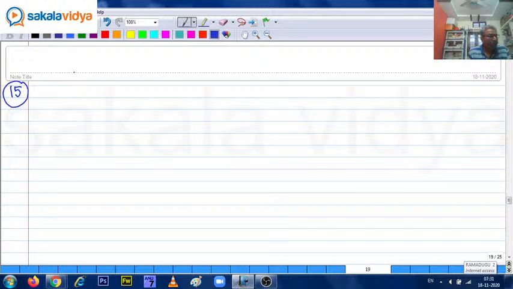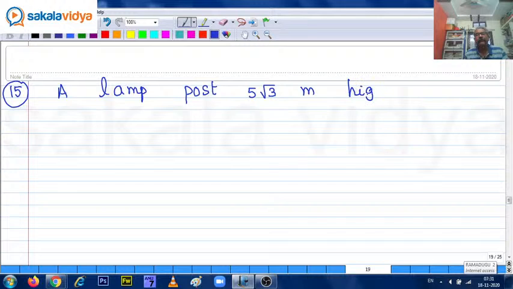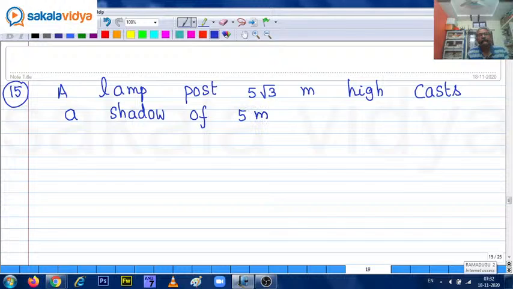Fifteenth question. A lamp post 5 root 3 meters high casts a shadow of 5 meters on the ground.